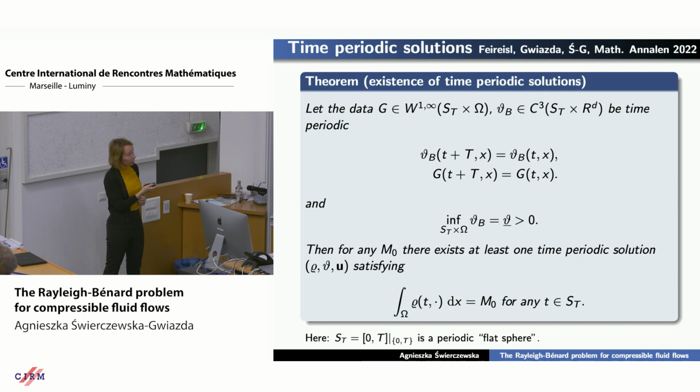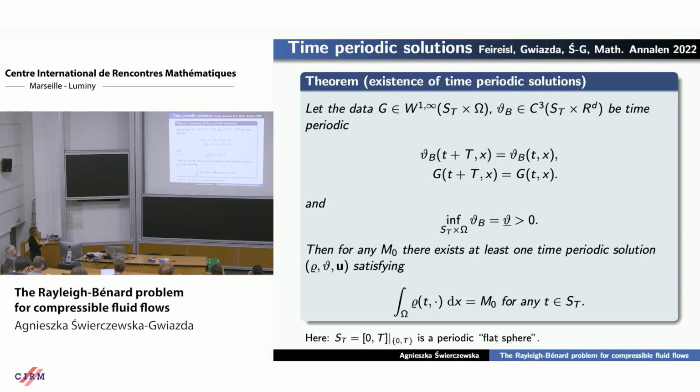We took not necessarily the Rayleigh-Bénard problem, but a problem with Dirichlet boundary data for the temperature which are periodic, and the mechanical force is periodic. Temperature is bounded from below. Then we show that there exists at least one periodic solution with the total mass bounded.